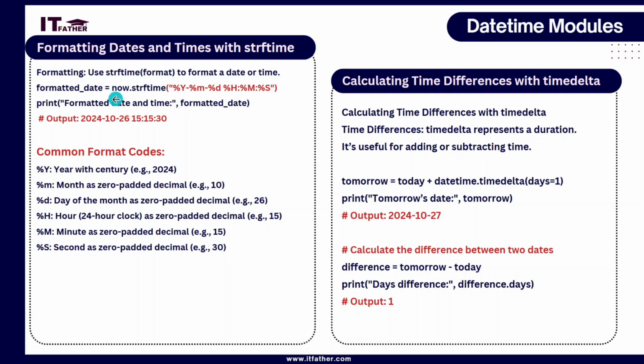Now .strftime, and inside the strftime function we need to pass %Y-%m-%d. %Y means year, dash, %m means month, again dash, then %d means day. And then %H colon for hour, minute and second. So this is the format, and you can change it. You can write %d %m %Y like this also.